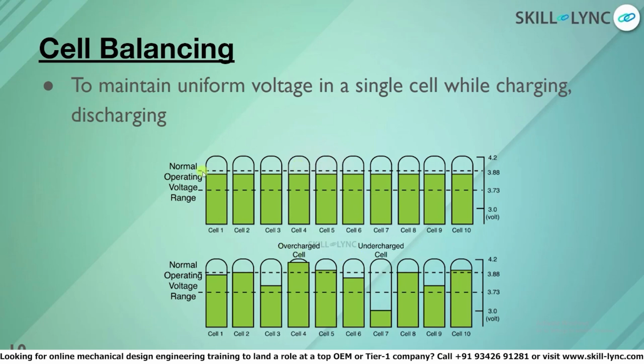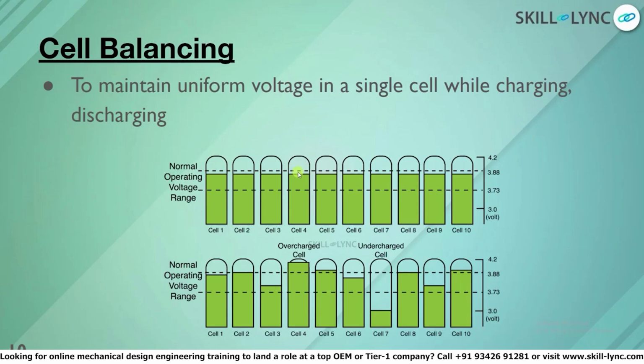So that's how it manages all the cells to remain at the same voltage level: when 1 or 2 or 3 cells have reached their point, it will not allow those cells to be charged any further, so the voltage remains constant. So that is what cell balancing does. It doesn't allow the cell which is charged first to overcharge. It will still receive the charge, but it either dissipates the charge as heat or transfers its charge to the other cells, so that the other cells can be quickly charged.